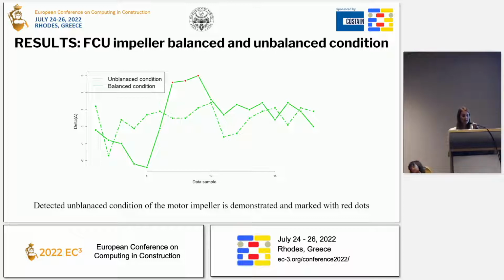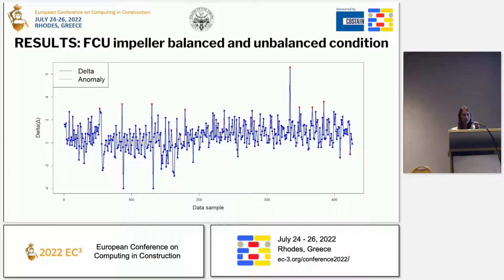In this graph we can detect the unbalanced condition of the motor's impeller, and they are marked with the red notes, the 3 red dots. This anomaly is demonstrated also on the full data sampling from all the experiments.